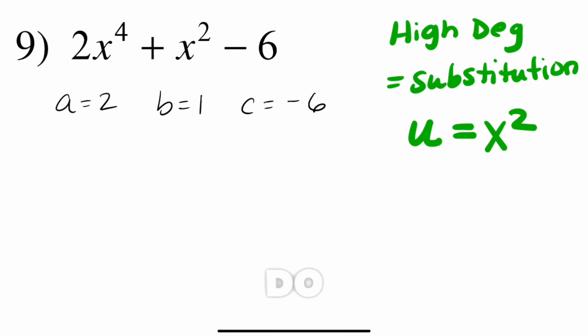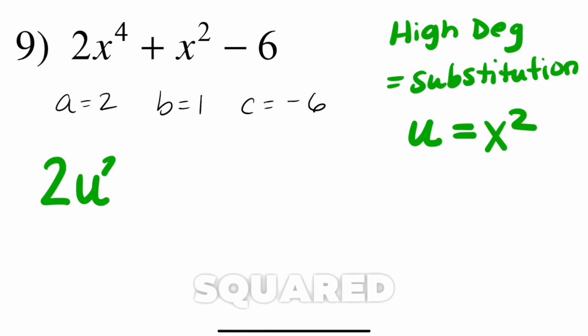So what are we going to do with that? We're now going to replace anything that can be written as x squared with a u. So we will have 2u squared, because x to the fourth is x squared squared.